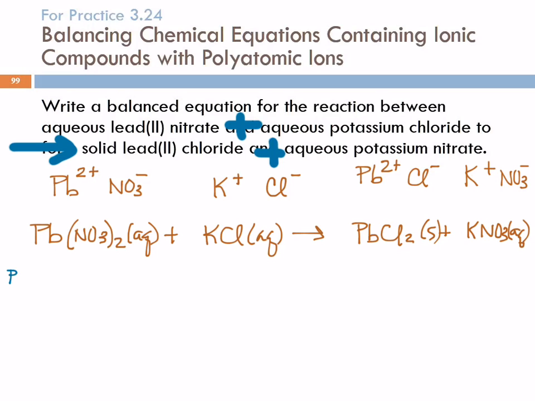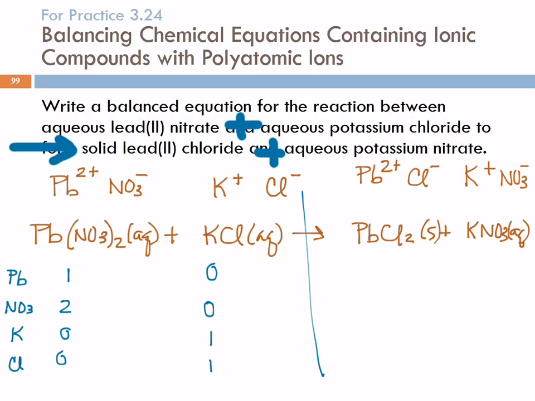I've got lead, I've got nitrate, I've got potassium, and I've got chlorine. In this compound, I have one lead atom, and I have 2 nitrate ions, and no potassium and no chlorine. And over here, I've got no lead, no nitrate, 1 potassium, 1 chlorine.